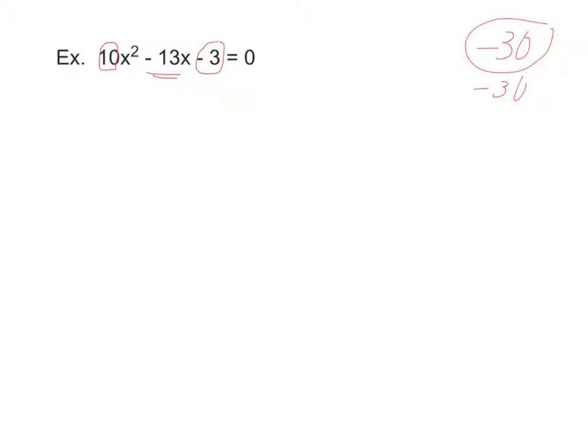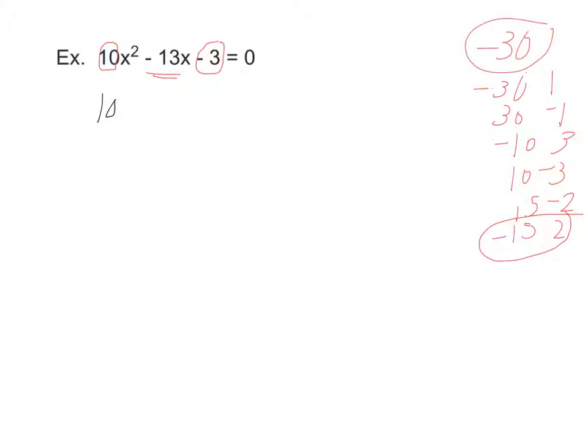I'll try a couple. Negative 30 and 1, 30 and negative 1, negative 10 and 3, 10 and negative 3, 15 and negative 2, negative 15 and 2, and there it is. So I'm not going to go any further.